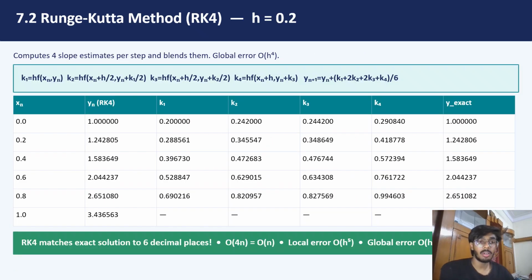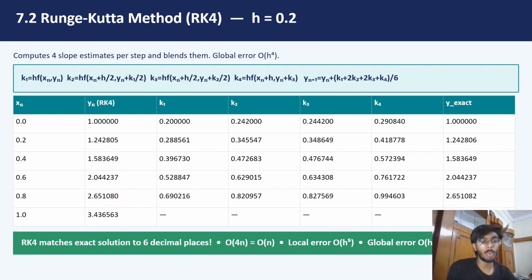The next method we have is the Runge-Kutta method of order 4. Here we have given h equals 0.2. In this method, we will compute k1, k2, k3, k4, and then obtain the value of the next y.